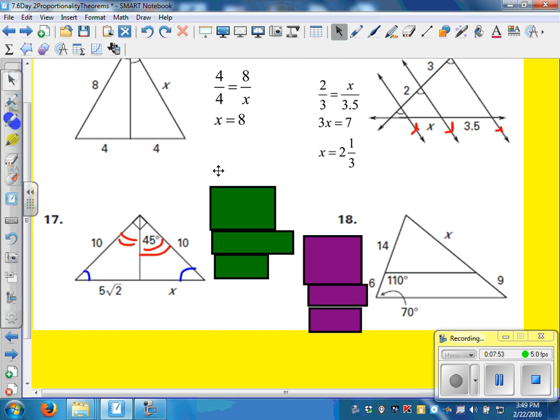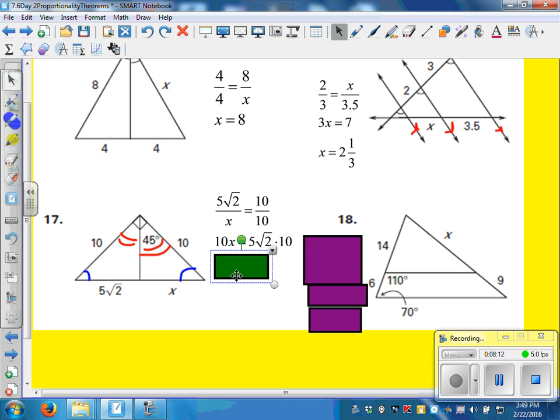So the angle proportionality theorem applies that 5 radical 2 over x will equal 10 over 10. You can reduce the 10 over 10 if you choose to a 1, or you can cross multiply. In this case, I've chosen to cross multiply. And when you divide both sides by 10, you get 5 square root of 2.